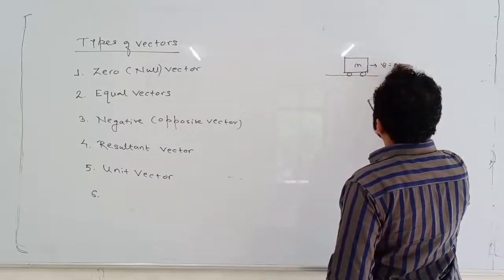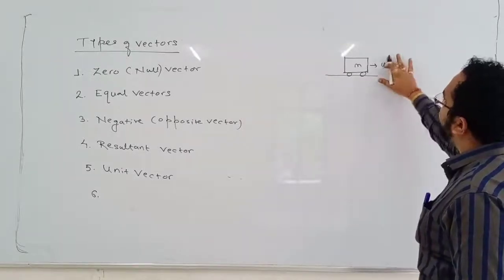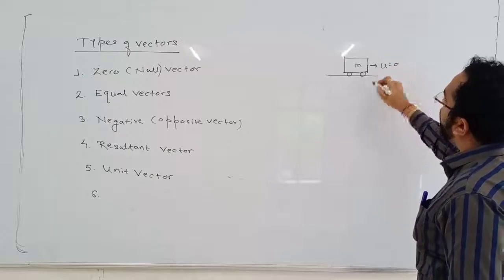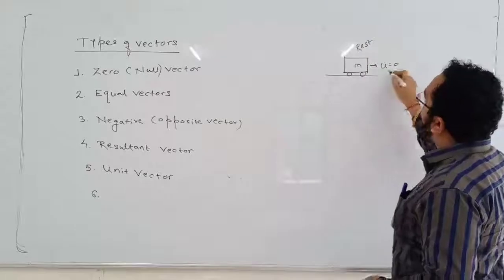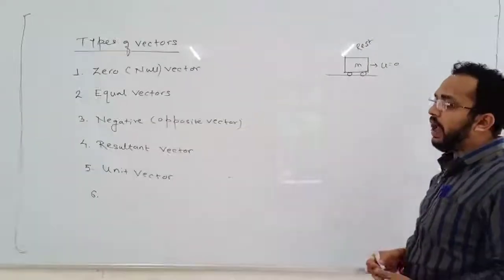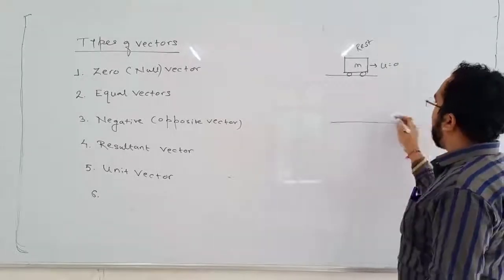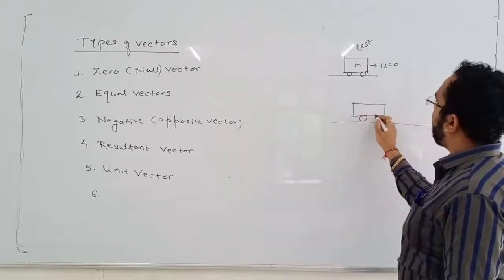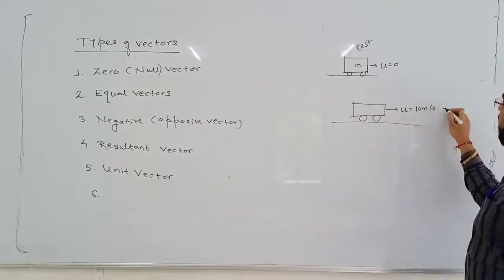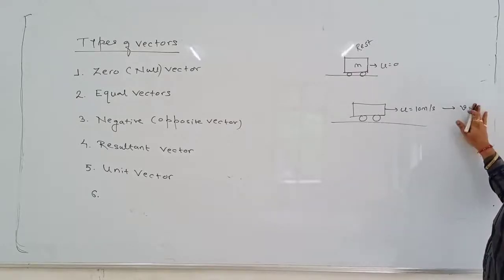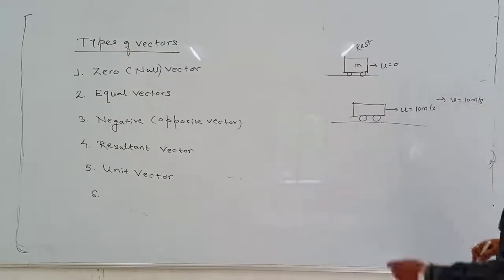Stationary means velocity is zero, v for velocity, or u for initial velocity. Velocity is zero, so we can say it has magnitude zero and has some direction. For a different example, a body is moving with constant velocity, u equal to 10 meter per second. After some time, the final velocity v is also 10 meter per second. So here there is no change in velocity.